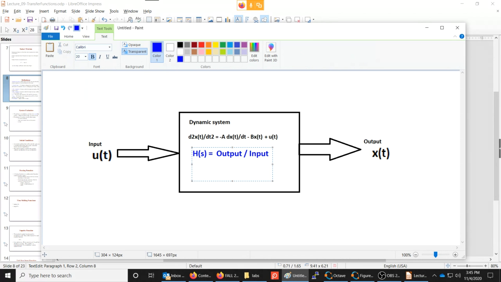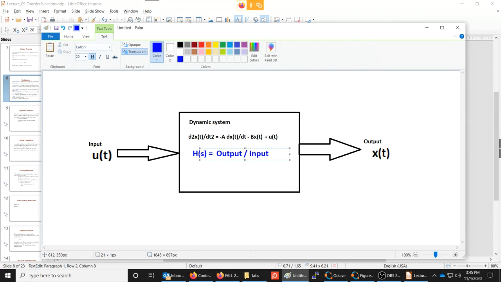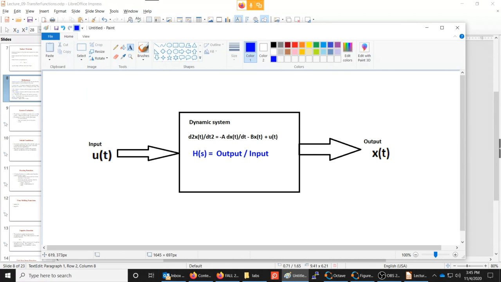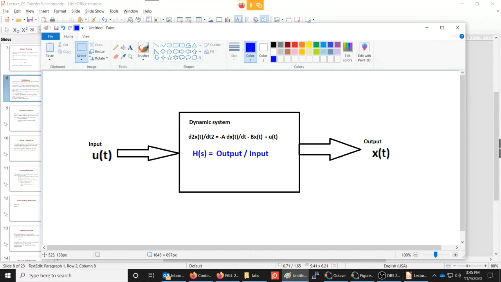All right, but the s represents the frequency of the system. So technically the system is time dependent. But the s, what we do is we're going to apply what they call the Laplace Transform.